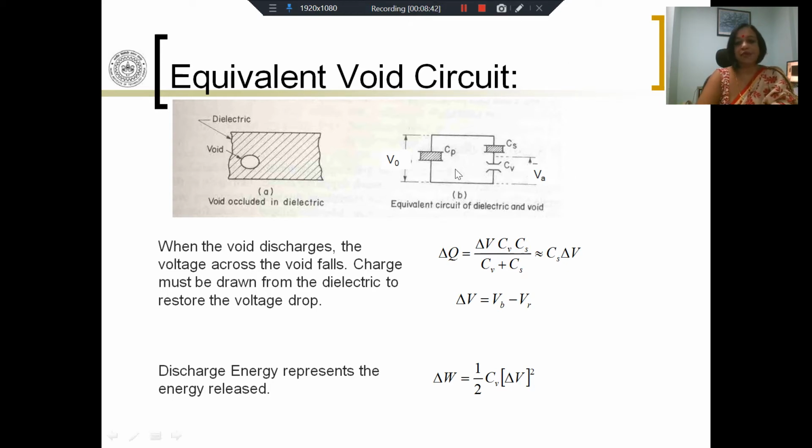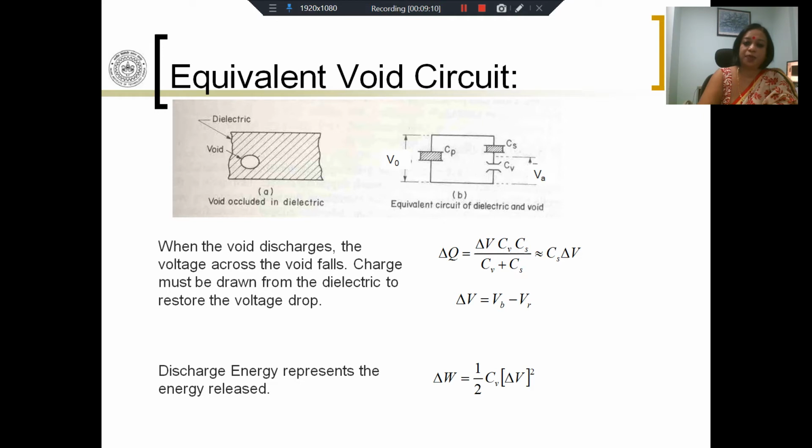So this can be represented as Cs. Cv is the capacitance of the void, and Cs is the capacitance of the material in series with the void. So the material below the void plus the capacitance of the material above the void, these two capacitances club together as Cs, and Cs is the capacitance which is in series with the void.